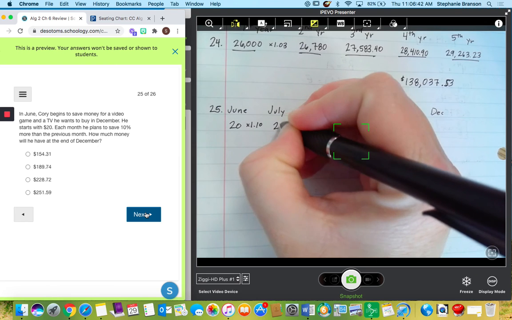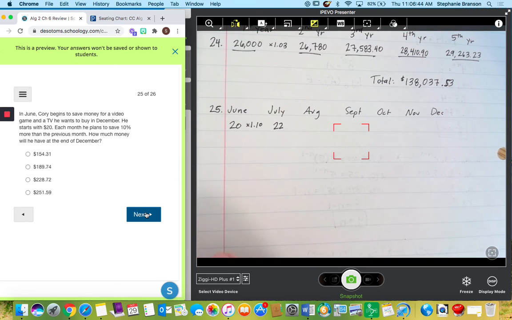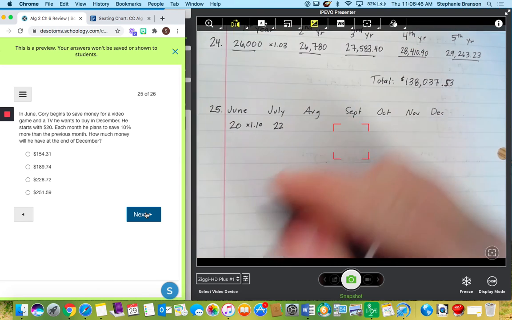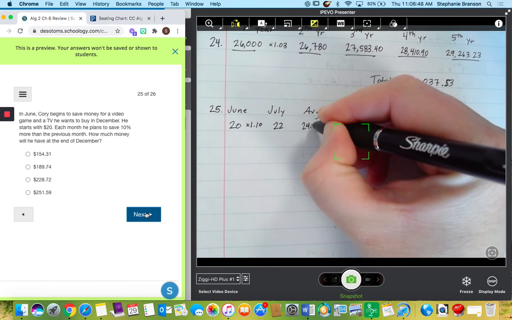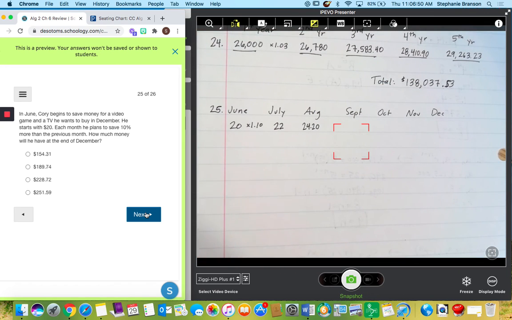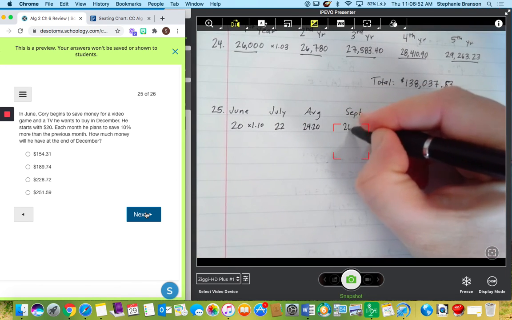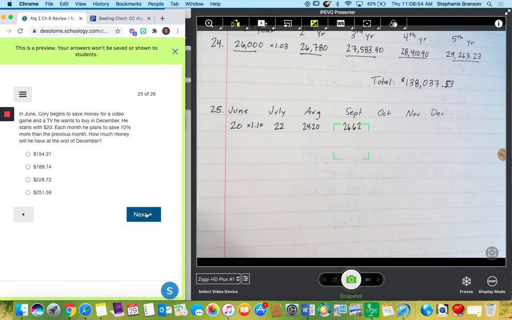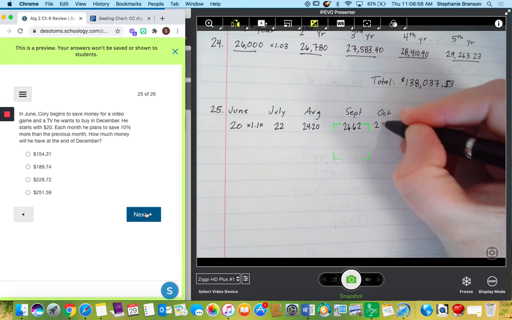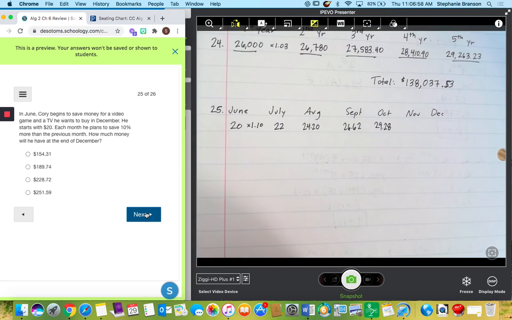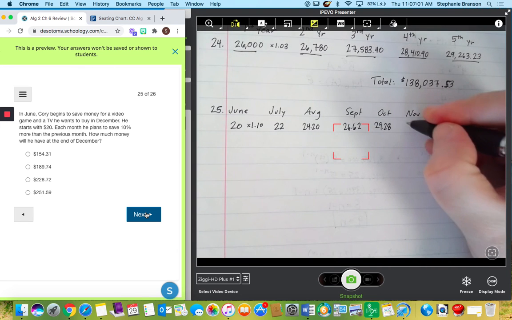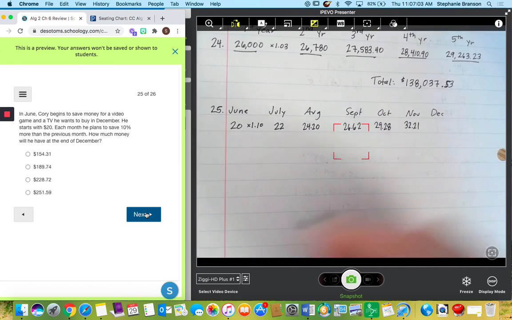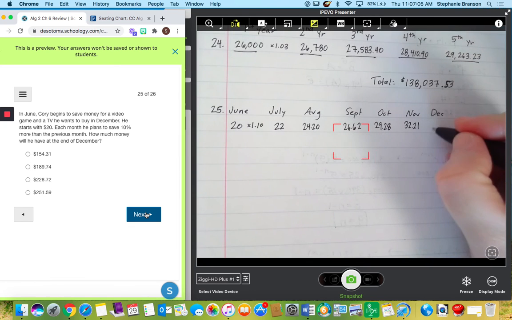is $22. In August, he saved $24.20. September, $26.62. October, $29.28. November, $32.21. In December, he saved $35.43.